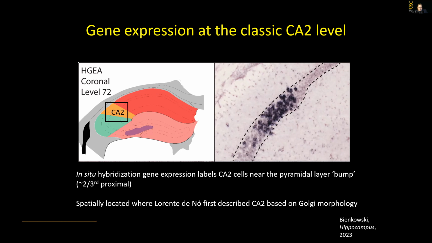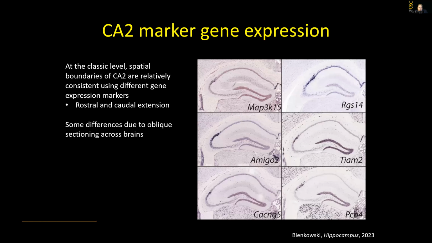The reason to think these are good gene expression markers is that they are spatially located where Lorente de Nó first described CA2 based on Golgi morphology. I think most people now have seen that there are plenty of gene expression markers for the CA2. Looking across the hippocampus, there are a lot of really good markers for CA2, and that might even be something unique to CA2.